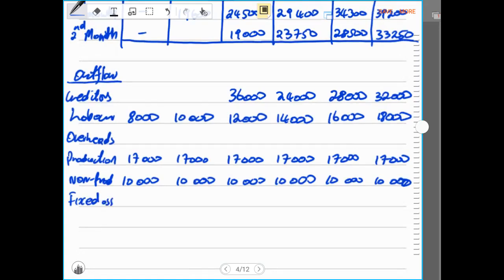Now we have recorded the fixed asset, and with that being said, we can draw a line where we record all the outflows in total for each and every column.